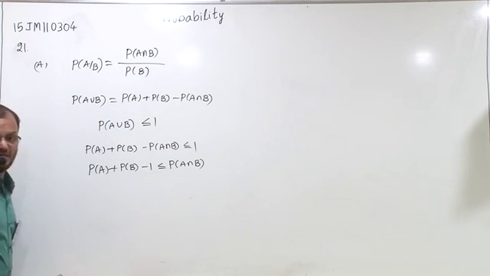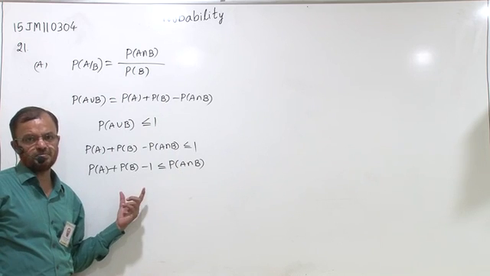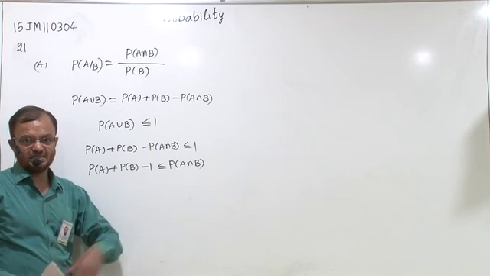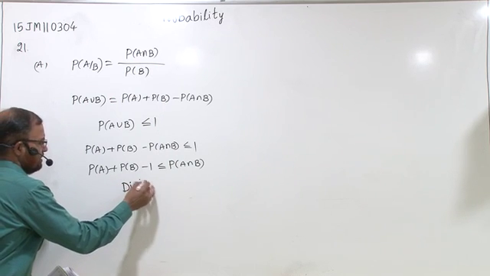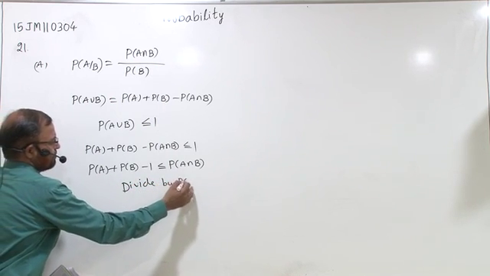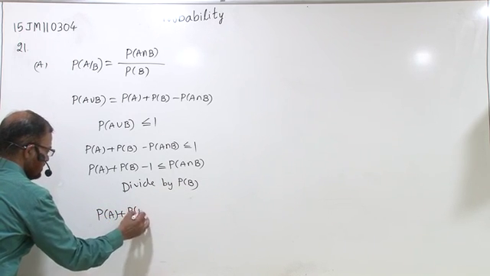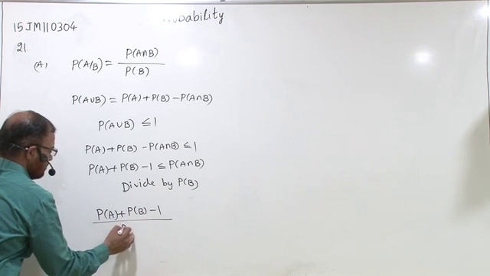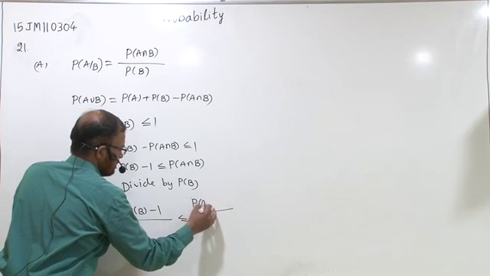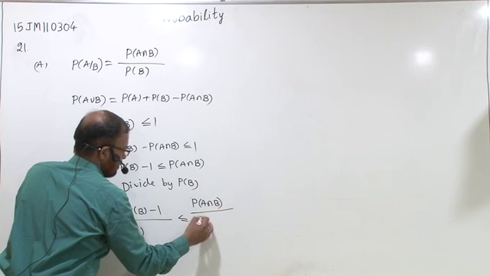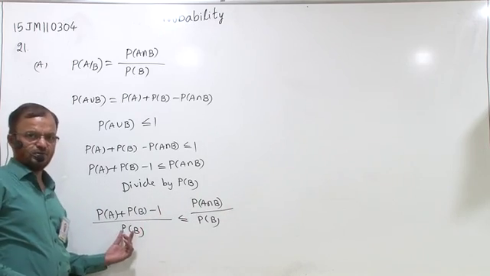In the denominator we see probability of B, the numerator is already here, so we divide by probability of B. Probability of A plus probability of B minus 1, over probability of B, is less than or equal to probability of A intersection B over probability of B. Now this whole expression is greater than or equal to this.